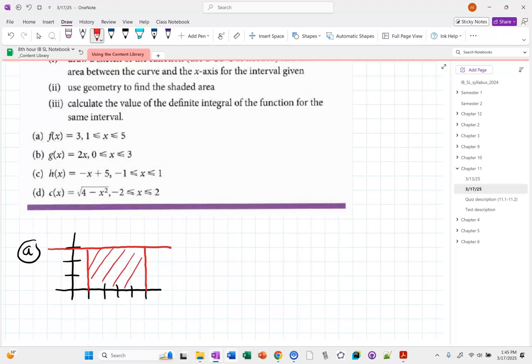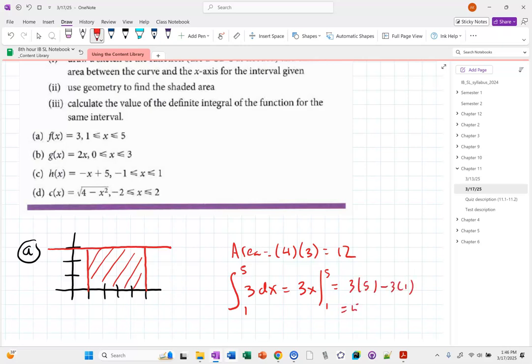That's our area, which is just length times height. So we get 12. If I wanted to integrate the same thing, that's the integral of 3dx. I get the same result.